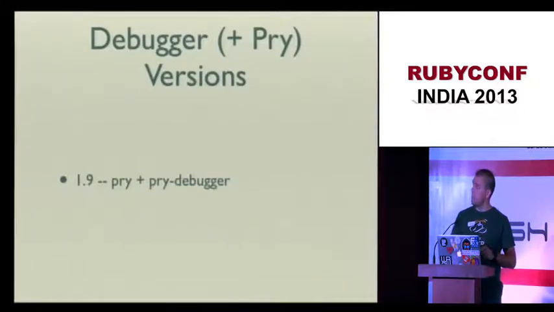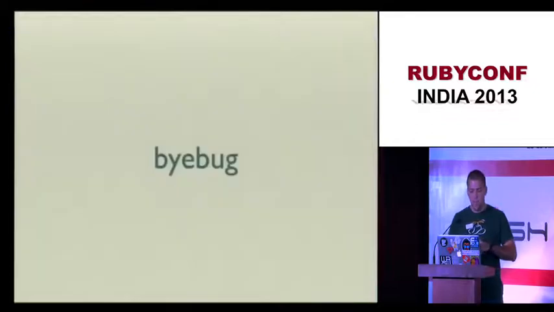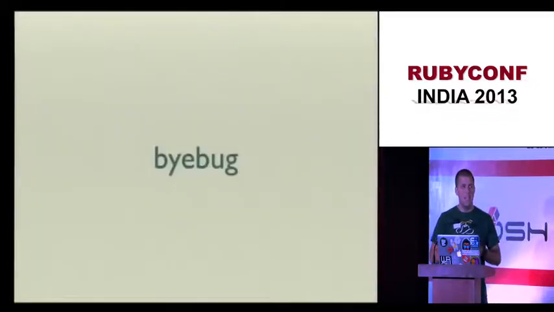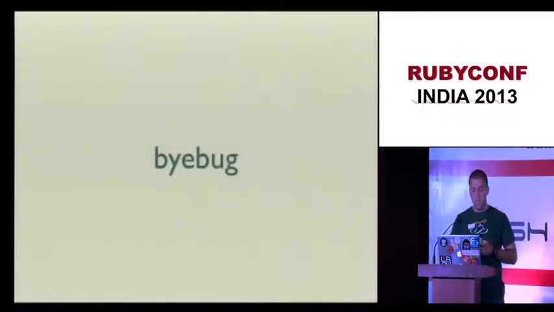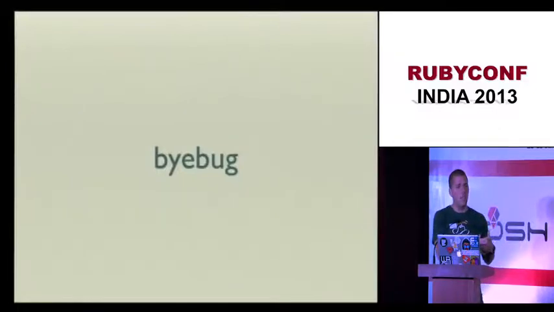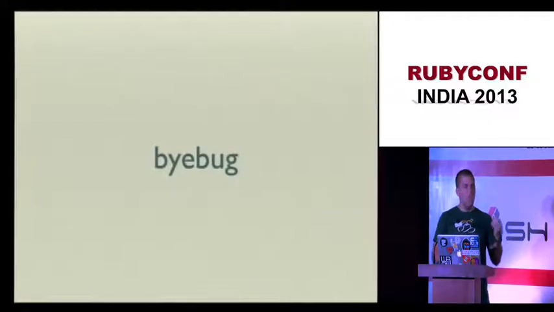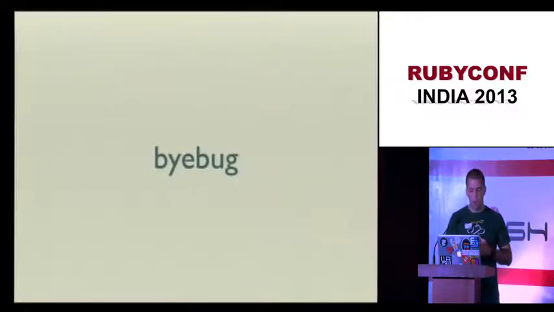So the last debugging library I wanted to touch on really quickly because it's very interesting is Byebug. Byebug was just created in the last couple of months, and it was created because of existing open issues in Debugger and Debugger 2. Debugger 2 was a fork of Debugger by Koichi Asada, one of the maintainers of Ruby, and he created Debugger 2 to work with Ruby 2.0 using the defined C API, but there's still some open issues, so it's still a work in progress.